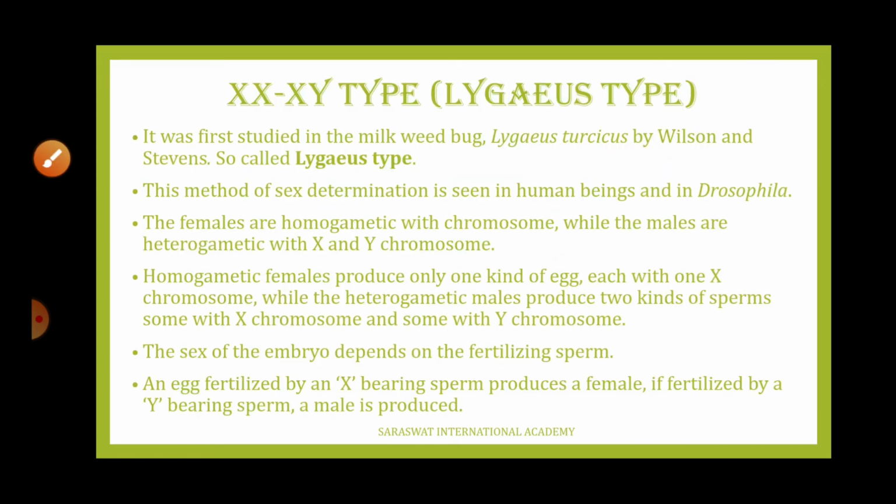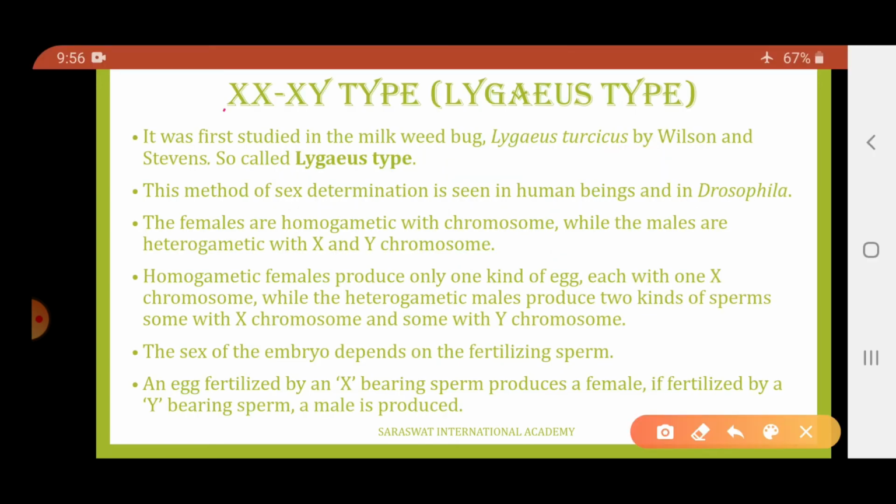Now students, the next type is the XX-XY type, which is also called the Lygaeus type of sex determination. First of all, why is the XX-XY type called the Lygaeus type of sex determination?